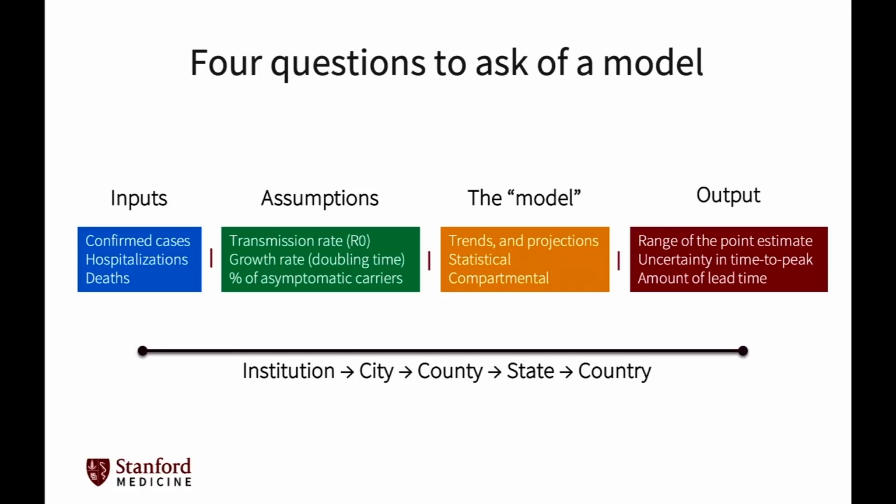Then there's the equation, or the structure of the model. There are some that are statistical simulations, some that are proper epidemiological modeling of the scenario. And then finally, you want to ask about the uncertainty of the outputs. What is the range of uncertainty in where the peak is? How much lead time does the model give you? And what is the uncertainty in the degree of resources you would need?